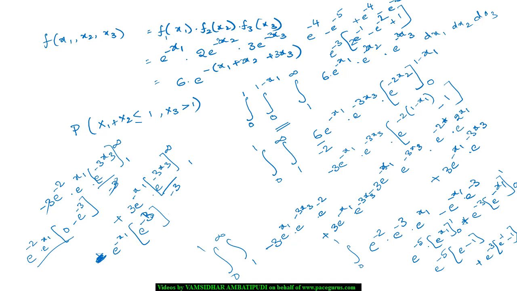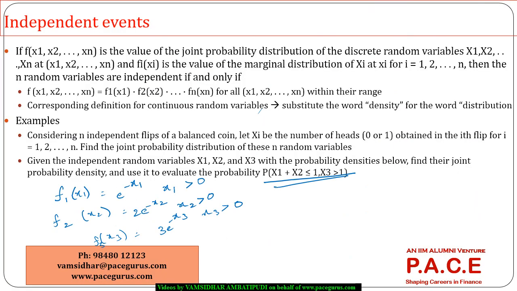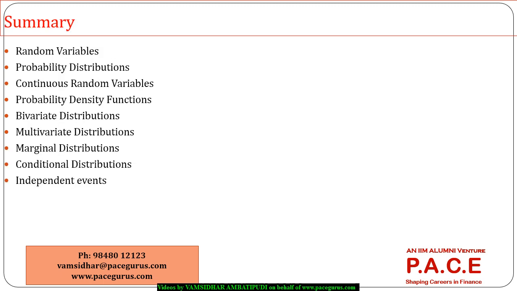So that's how I can make out the probability of x1 plus x2 less than or equal to 1, x3 greater than 1. So it's just a matter of playing around with the integration part, simplifying it to arrive at the necessary answer. So that's where we have looked at this particular chapter in full.